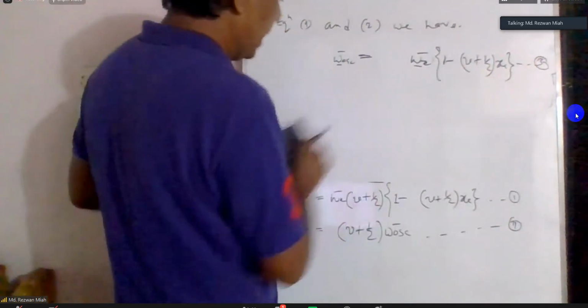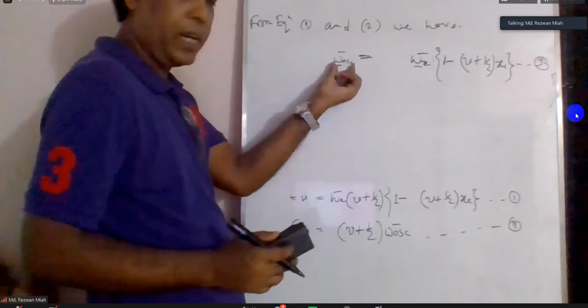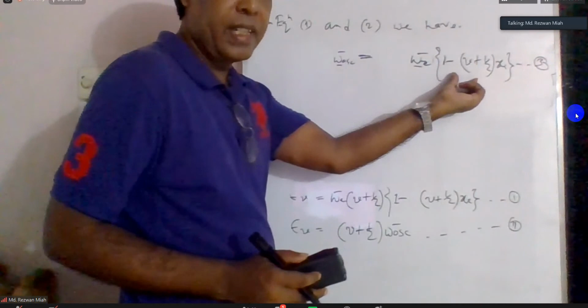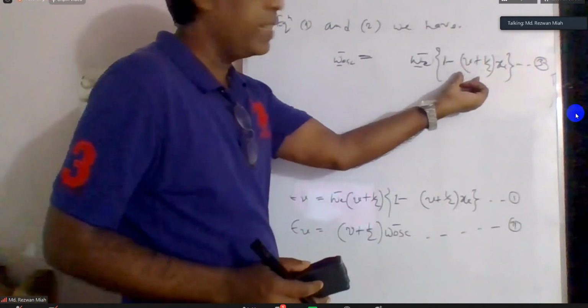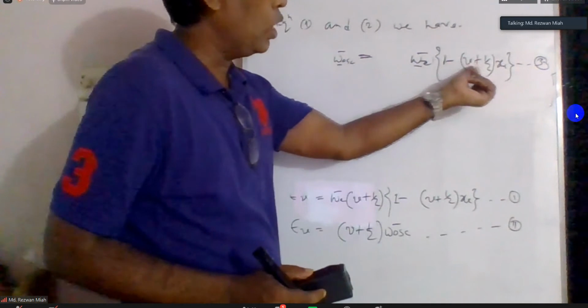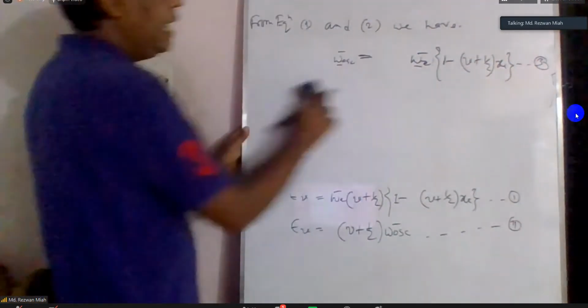So these equations signify that the anharmonic oscillator behaves like a harmonic oscillator, but with only a slight decrease of oscillation frequency with increasing vibrational quantum number, mu. So this is one significance.